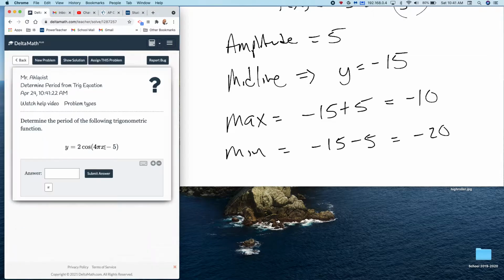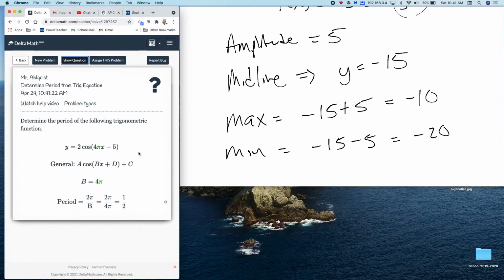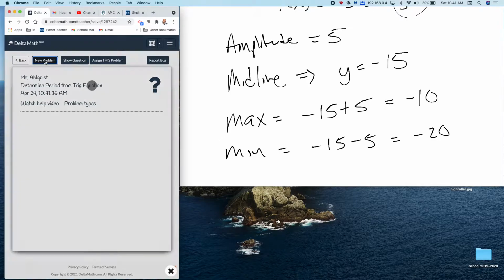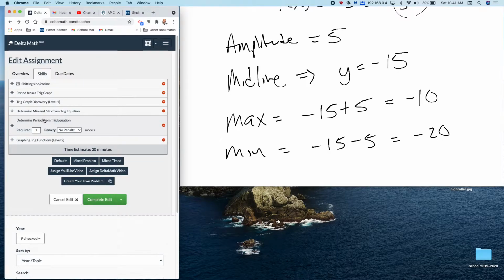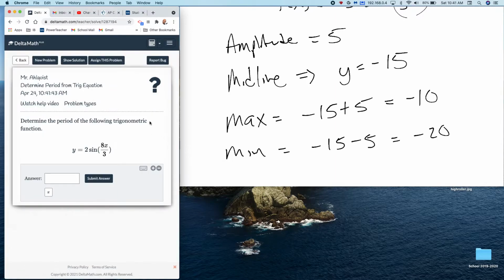Determine the period from the trig function. Now this is the trickiest part. Okay, so I'm just making sure that they give you these problems in the right way. So determine the period. So here's this function.